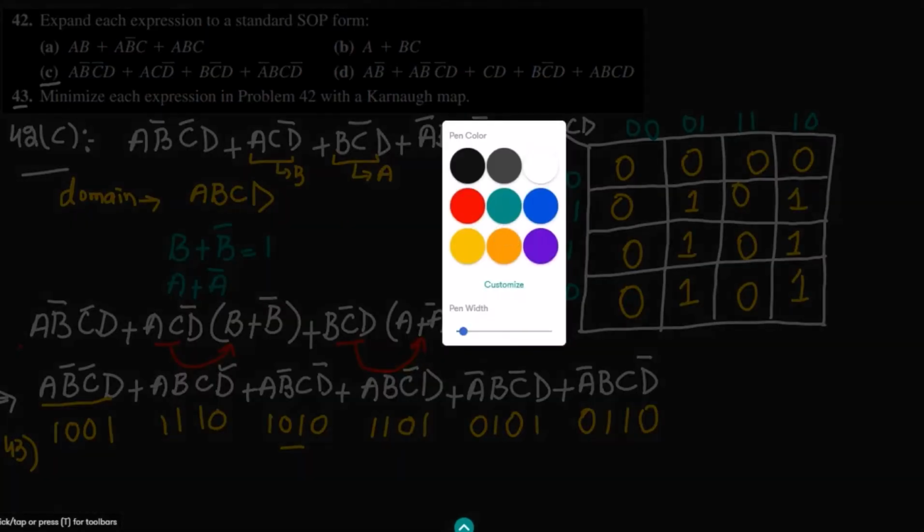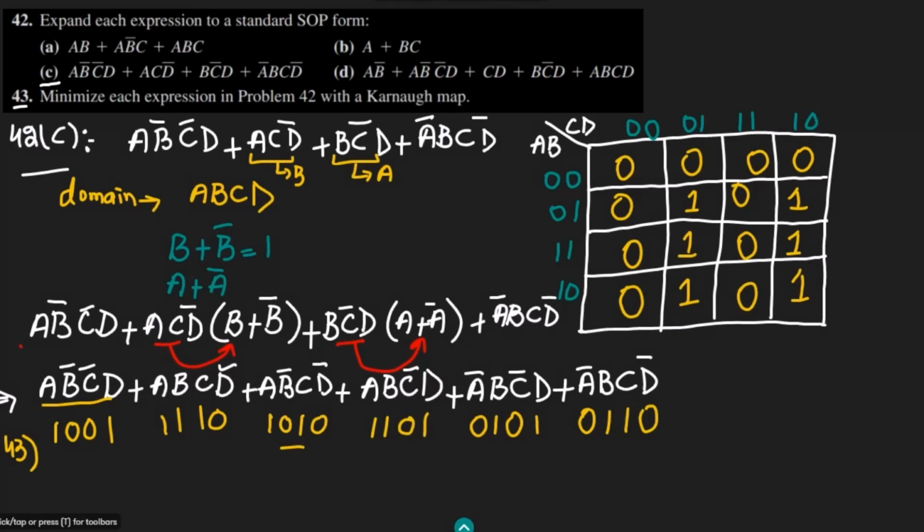Okay, so after it, let me combine them in groups. Now here we have this pair of 1s, and the constant terms here are basically B and CD complement, so BCD' is constant here. Similarly, here CD' is constant because this is the same column, and the constant term here is A, so ACD'.